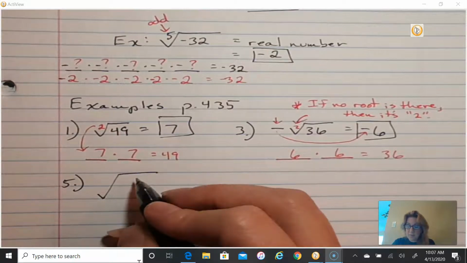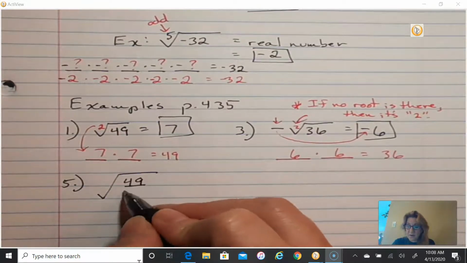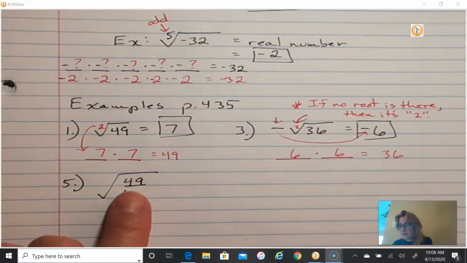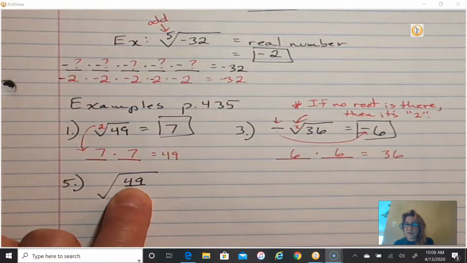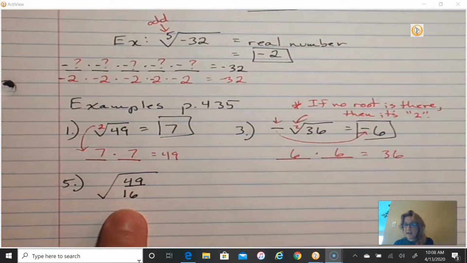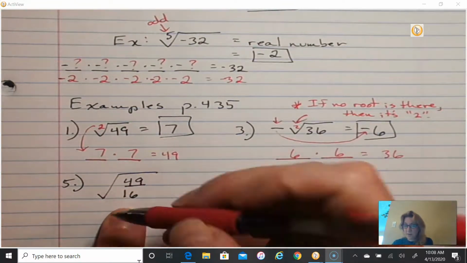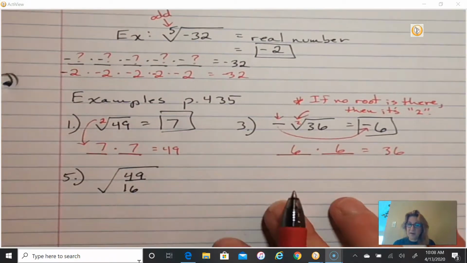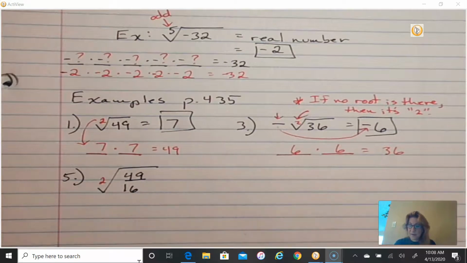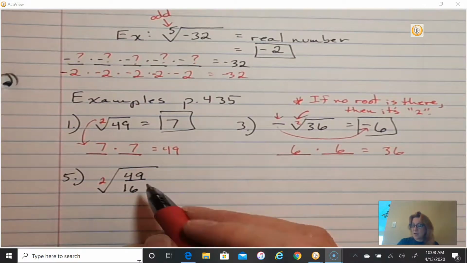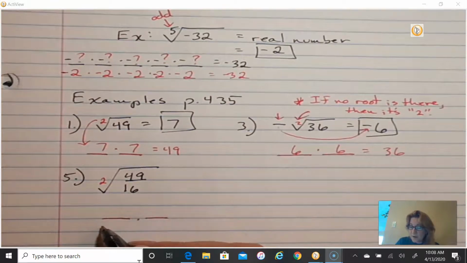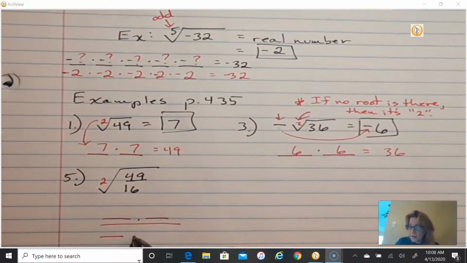All right, number 5. Square root of 49 over 16. Okay, remember what I told y'all. Just block it off. Look at just the top number and then the bottom number. And remember, there's no root here, so what do we pretend is there? 2. So what we're looking for is what number times itself 2 times on top and on the bottom.